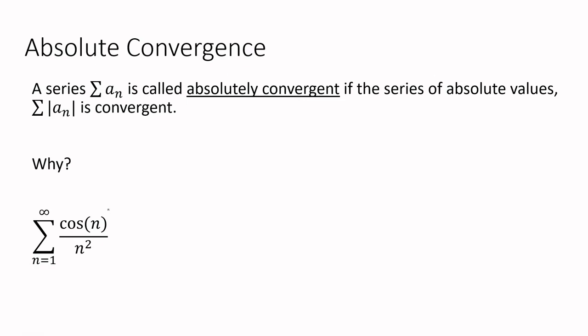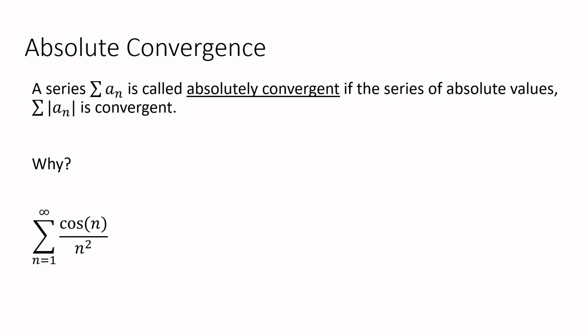Well, there are instances where we'll have series that don't just look like all negatives, all positives, or alternating positive, negative. In this case that we have right here, we have negatives, but they're not just one negative, one positive, one negative, one positive, because cosine is positive sometimes, negative sometimes, and it's not every other term here. So what do we do here?